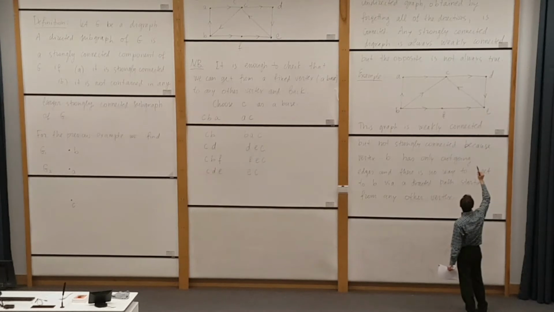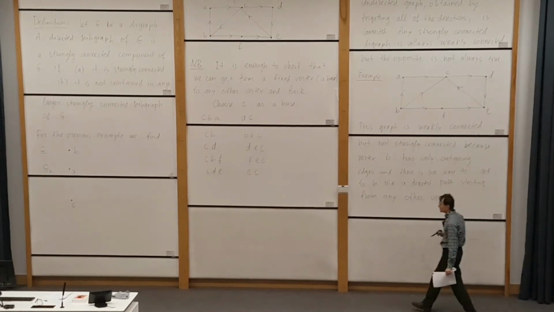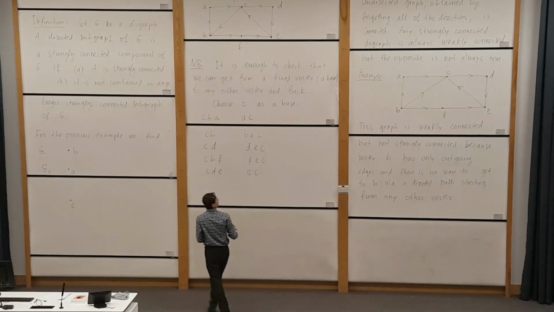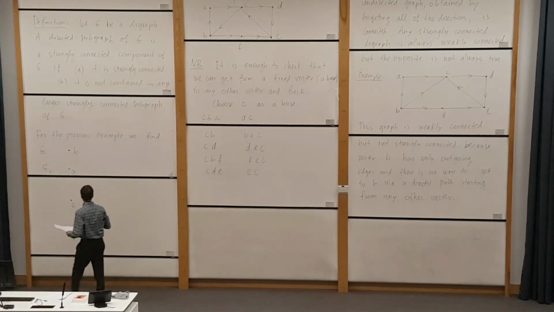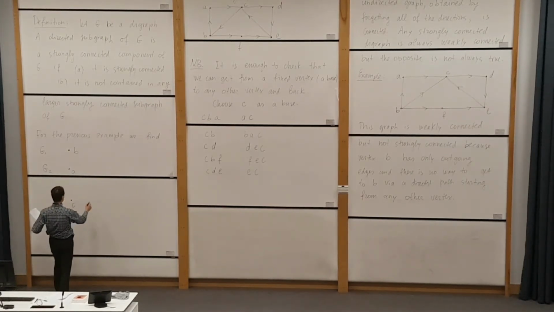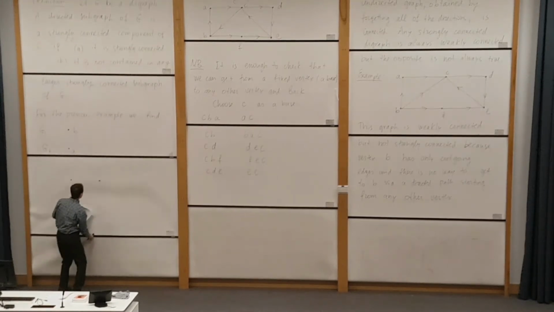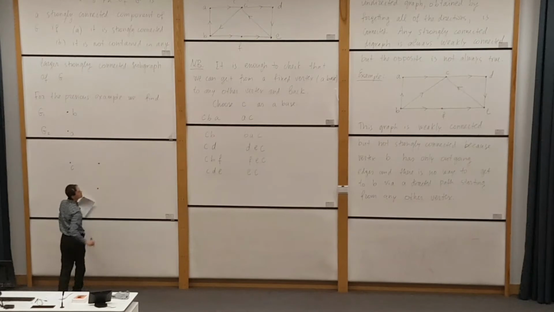Moreover, E is in the same component because I can get from E to C, and from C to E I can get through D. In fact, these three vertices together form what is called a cycle. So if I draw it, it will look like this. It's a cycle with three vertices.